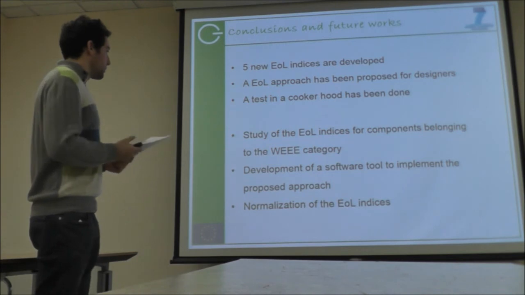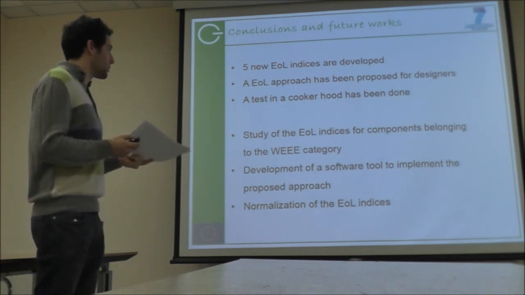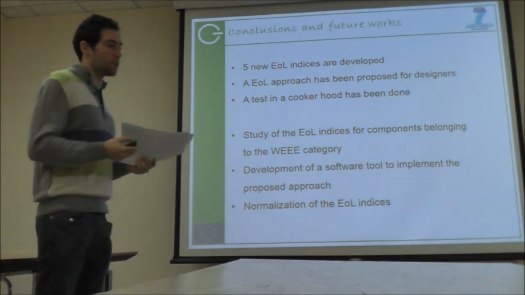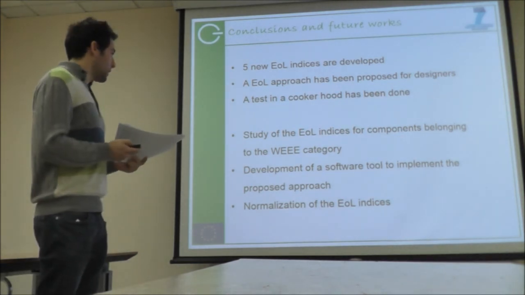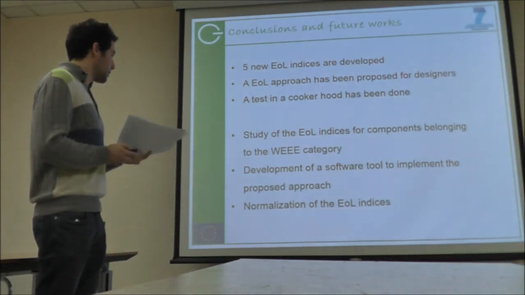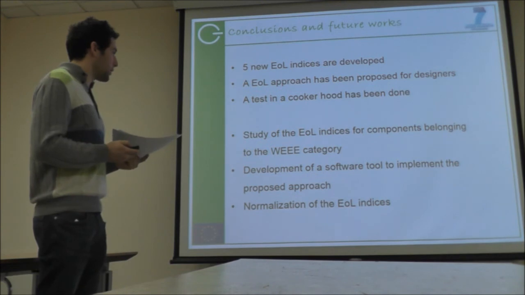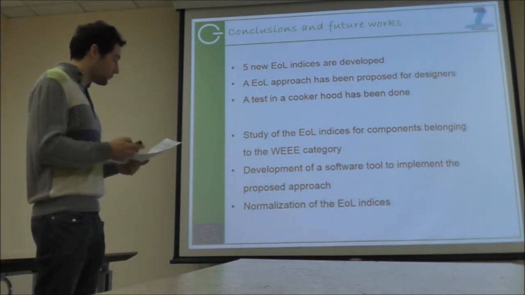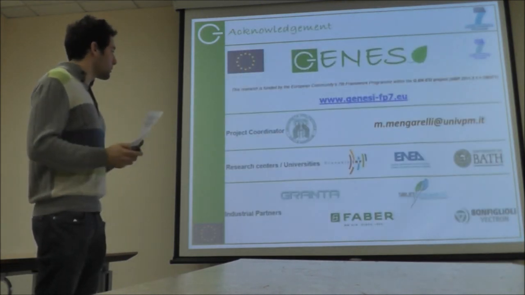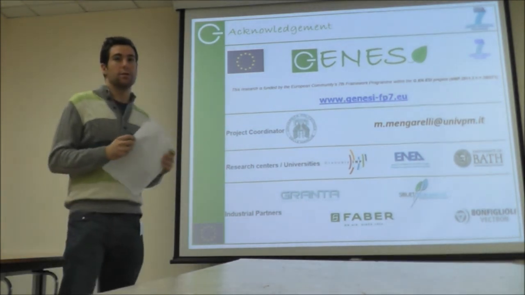And we also developed a tool to implement the proposed approach, which is the G.EN.ESI. And we are also working on the normalization of the end-of-life indices. Again, these activities are within the G.EN.ESI project.